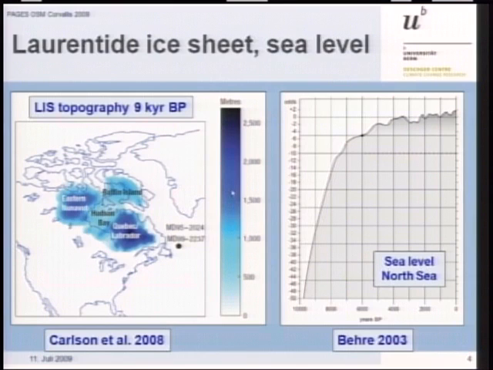In this paper by Carlson et al., you have this representation of the Laurentide ice sheet at about 9 kiloyears BP, which was really big at this time and was just in the stage of melting. We have different curves of sea level change.